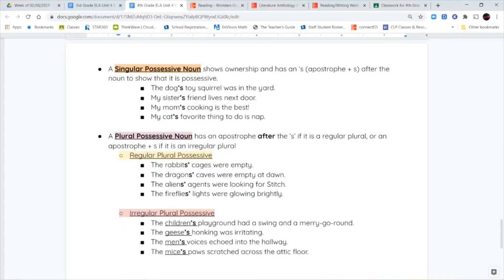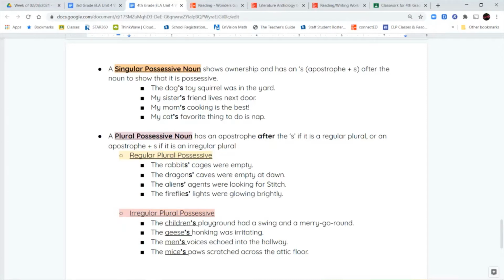Now, plural possessives have an apostrophe after the S if it's a regular plural, or an apostrophe plus S if it's an irregular plural. Now, we've talked about regular and irregular. Regular plurals, how you just throw an S on the end of it, like cat becomes cats, dog becomes dogs.